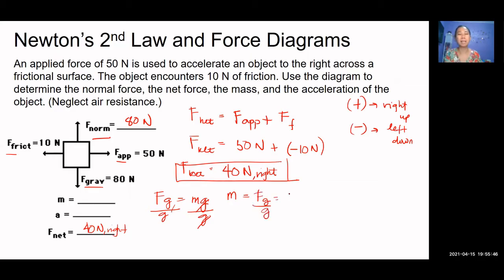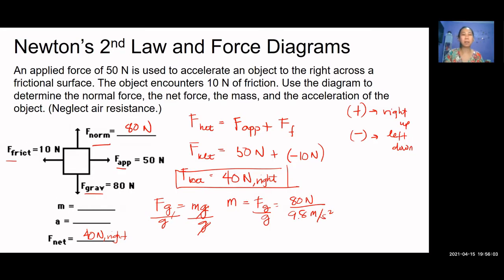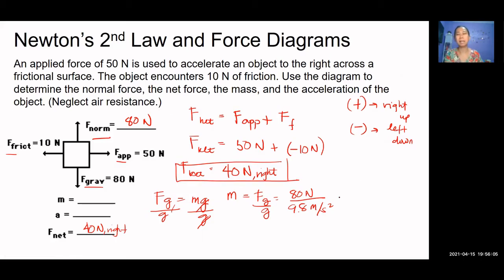Okay, so ang Fg natin is 80 newtons. I-divide natin siya sa acceleration due to gravity na 9.8 meters per second squared. So pag in-input natin siya sa calculator, ang makukuha natin na sagot dyan is 8.16 kilograms. Yan, so ito yung mass natin, 8.16.